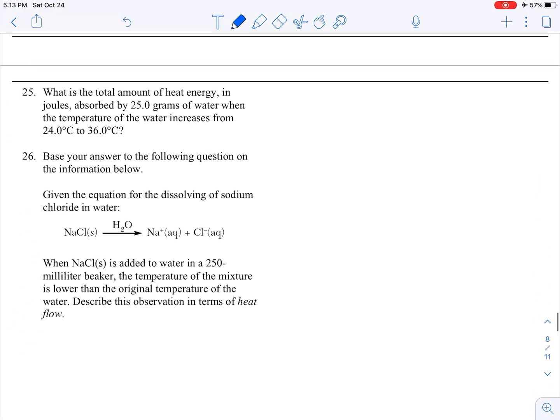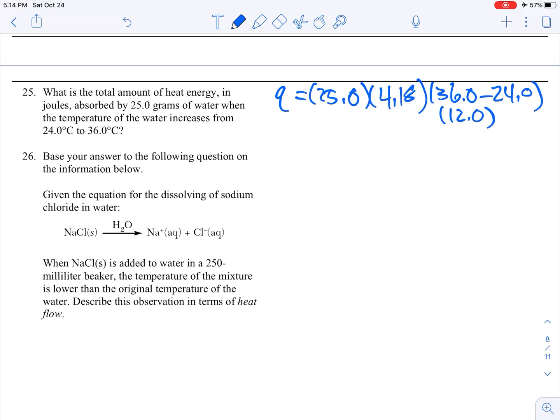What is the total amount of heat energy in joules? Okay, so this time they're not multiple choice, so we just have to figure it out. So 25, that's a 2, goodness gracious. 25, 4.18, T final minus T initial. So 36 minus 24 is 12.